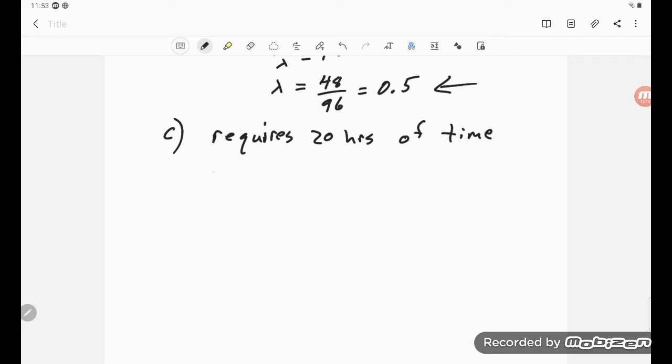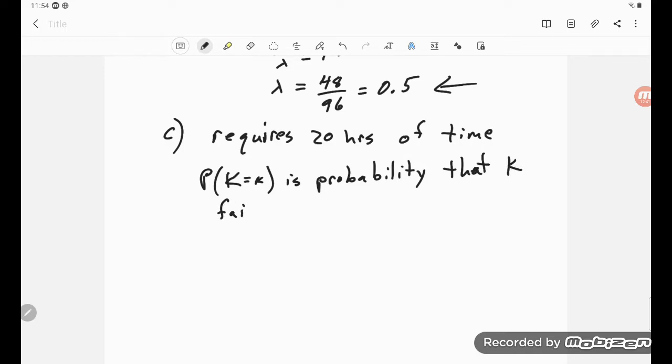So our probability that, say, big K equals some little k is the probability that k fail in a given hour.